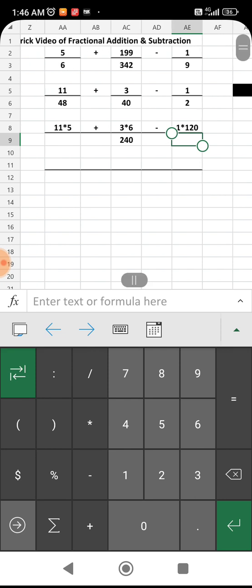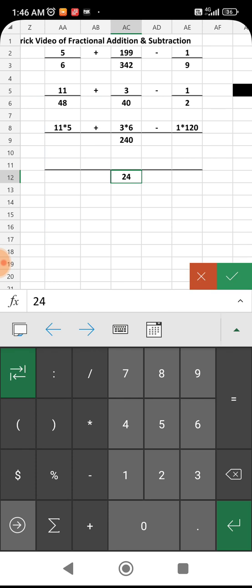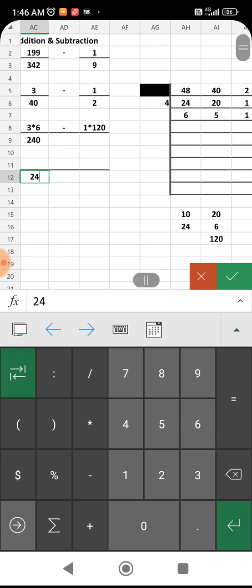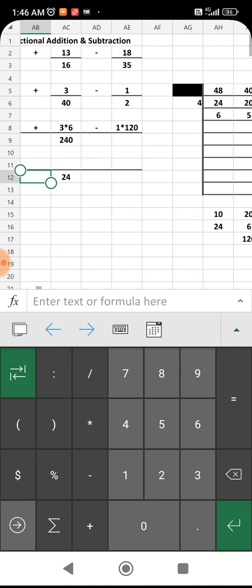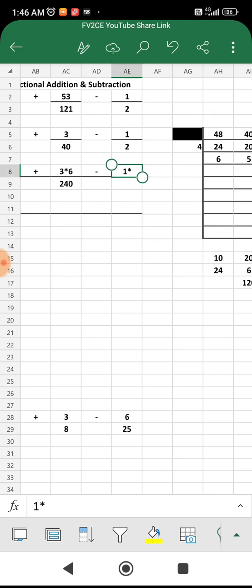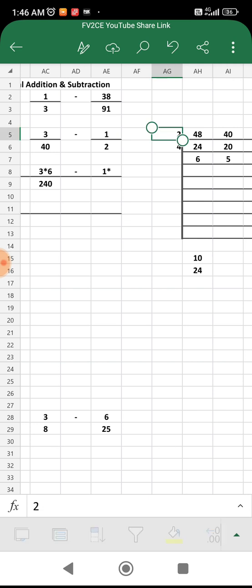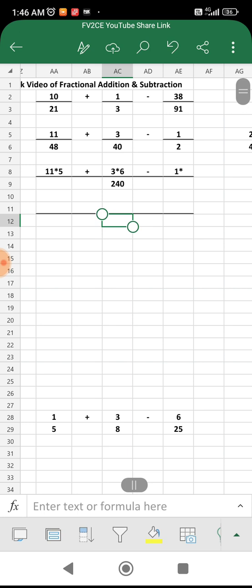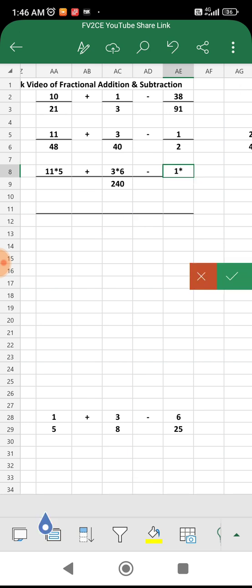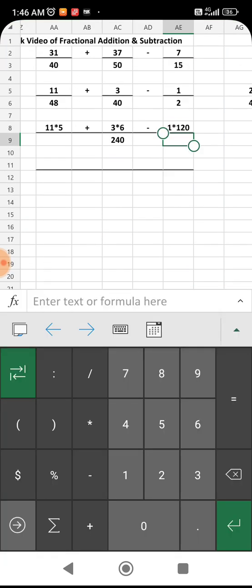Okay. So what is this answer? This is 240. Oh sorry, I have not removed my finger. I have to remove my fingers. So we have to multiply it with 120. It is 240.